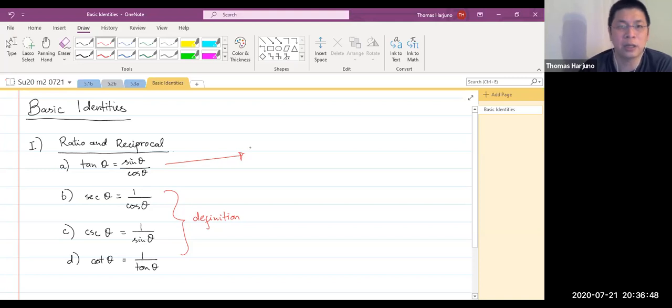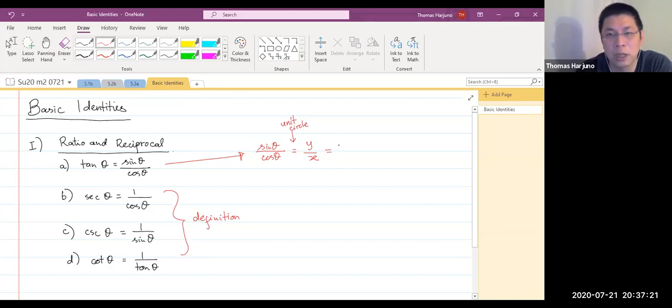And we can see that this is true because of the following. Notice that sine theta over cosine theta is defined to be, let me use the one we have in unit circle, sine theta is y, cosine theta is x, right? Using the definition in unit circle. But at the same time, y over x, even in unit circle, is actually the definition of tangent theta.